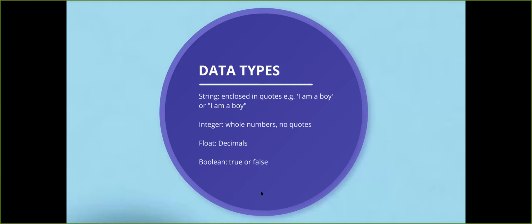You have a string data type. A string is essentially text, alphanumeric characters. So alphabets and numbers combined give you a string. So remember when we typed hello world, it was in quotes, and that tells the computer that that is a string.